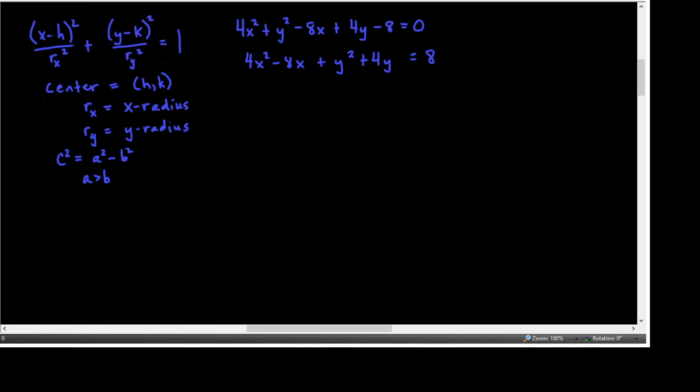So then the next thing I would suggest we do is to complete the square. Remember, to complete the square, the coefficient of x squared must be positive 1 inside of the parentheses. So I'm factoring off the 4. Then leave a blank space there for the number to complete the square. Since the coefficient of y squared is already 1, I don't need to factor anything off, but I'm going to put it inside parentheses and leave a blank space there for completing the square.